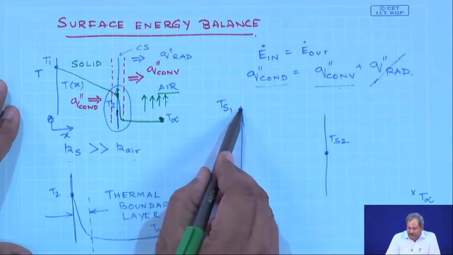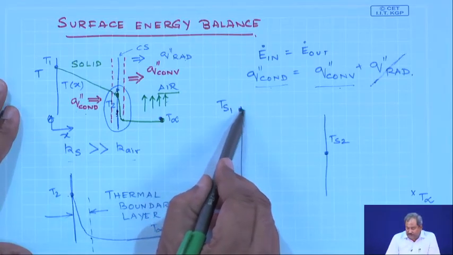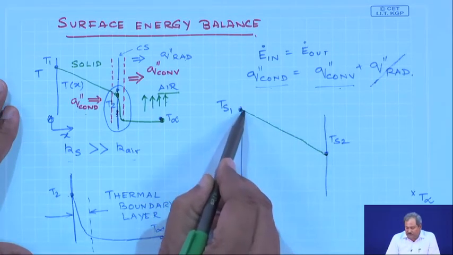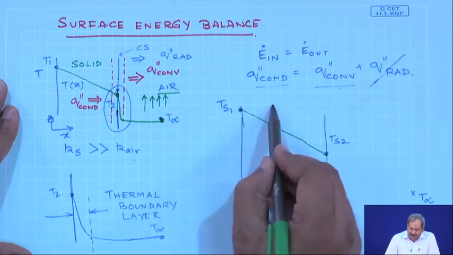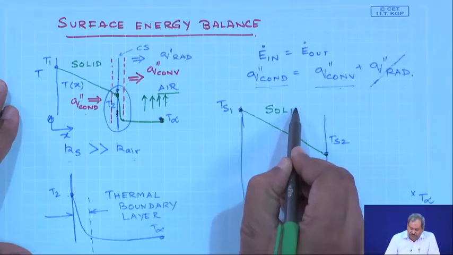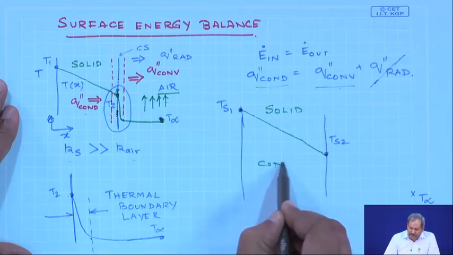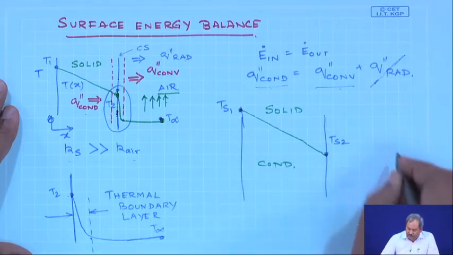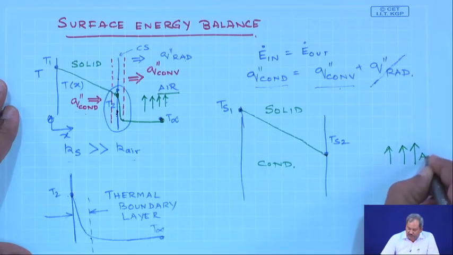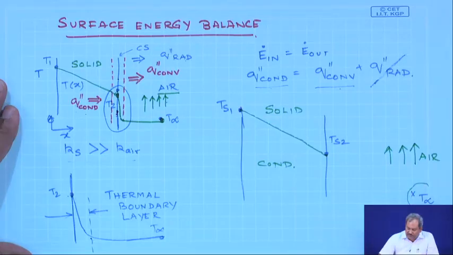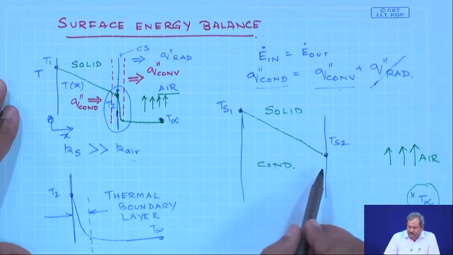As there is no heat generation and it is a steady state case, it is going to be just a linear change from Ts1 to Ts2 inside the solid, where only conduction is present, outside of which the air is flowing with some velocity and a constant temperature of T infinity, which is lower than Ts2.